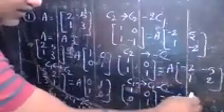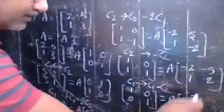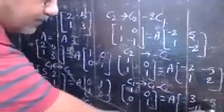So here you have 3, here you have minus 1 and minus 5, 2. And that gives the value of A inverse. So write it. A inverse is equal to 3, minus 1, minus 5 and 2.